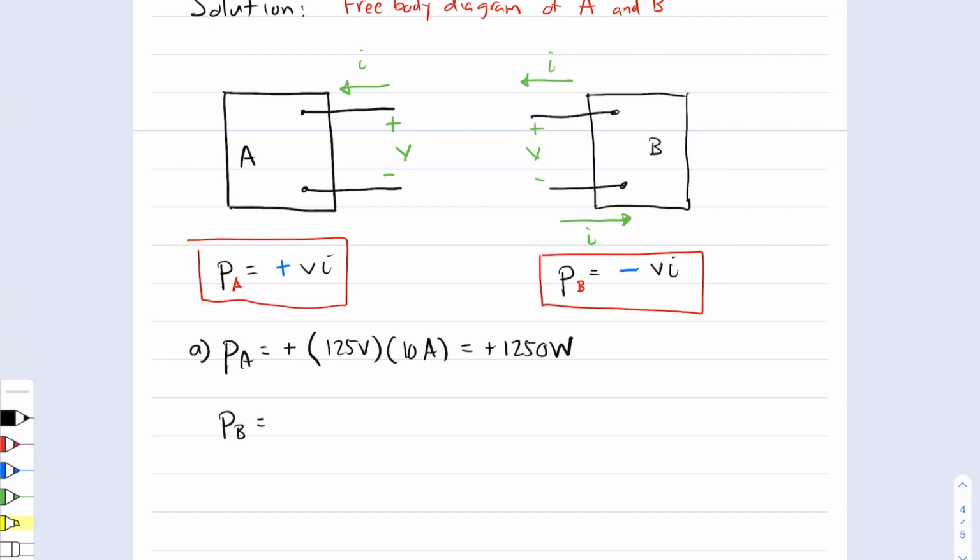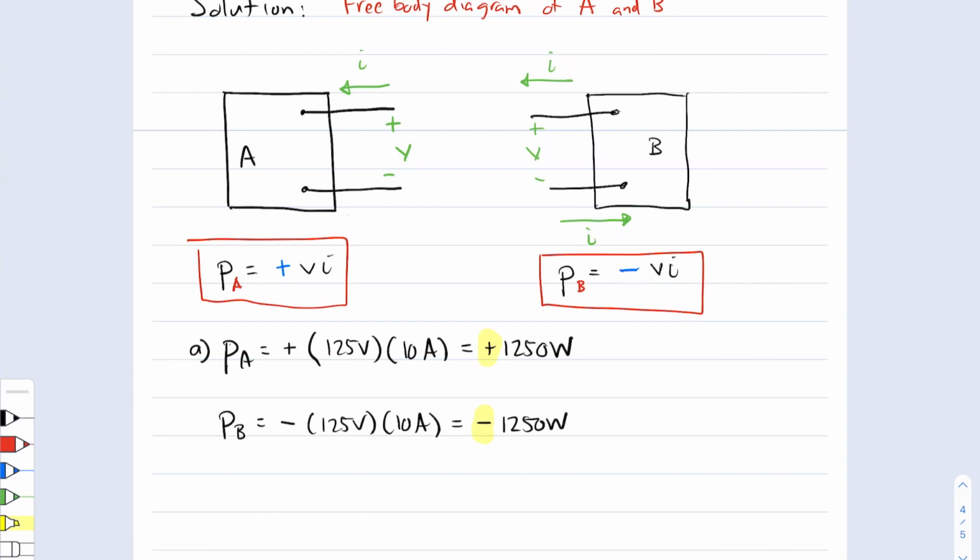For B, I have to add in that minus sign by hand, and I have 125 volts times 10 amps. That is negative 1250 watts. Now notice that it is this sign at the very end that tells you whether something is generating or dissipating power.